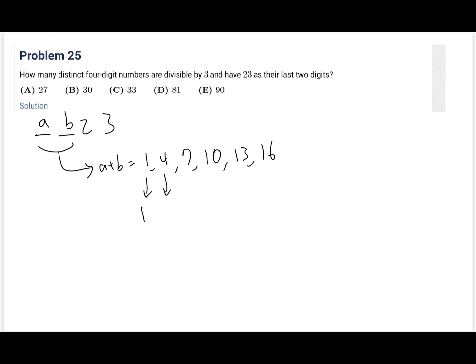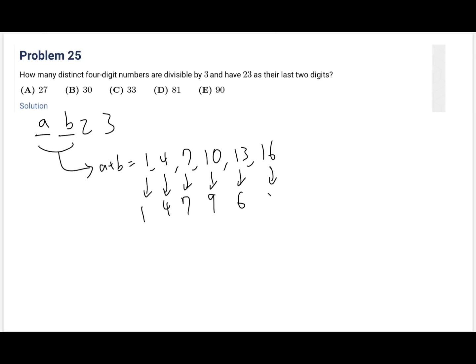So this would be 4. And then similarly, for 7, this will also be 7. And then 10, this would have 9, 1, all the way to 1, 9, right? So this would have 9 possible values. 13 will have 9, 4, 2, 4, 9. So 4, 5, 6, 7, 8, 9. So there's 6 values.